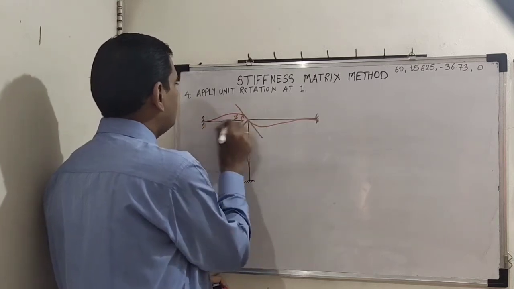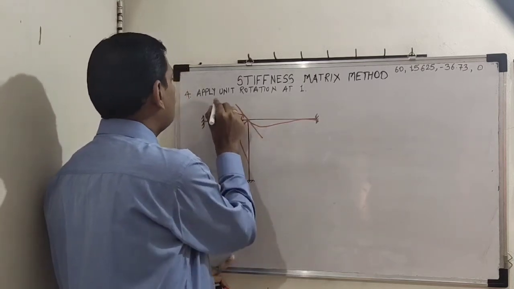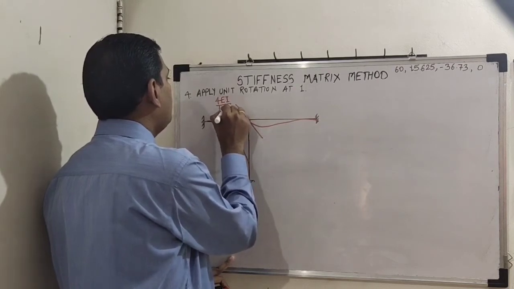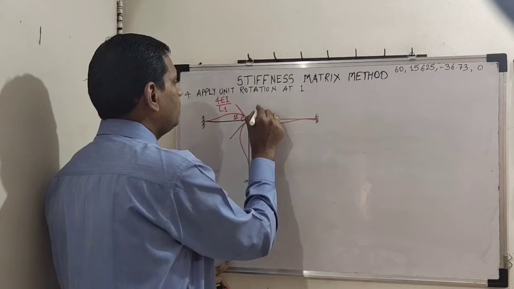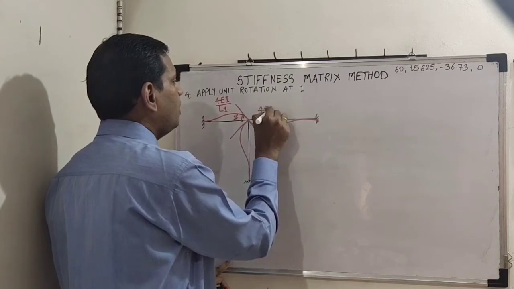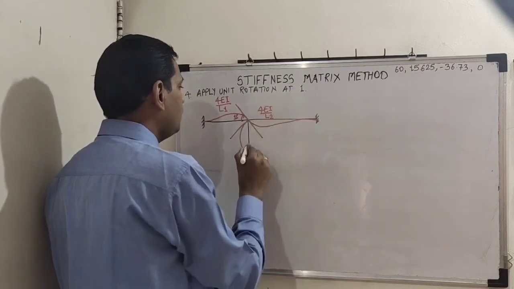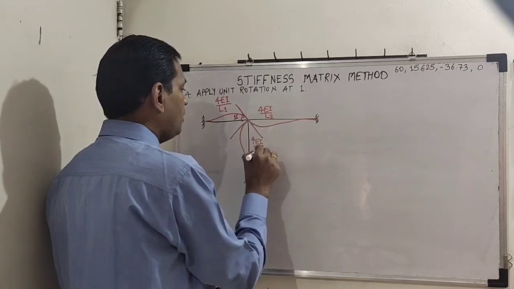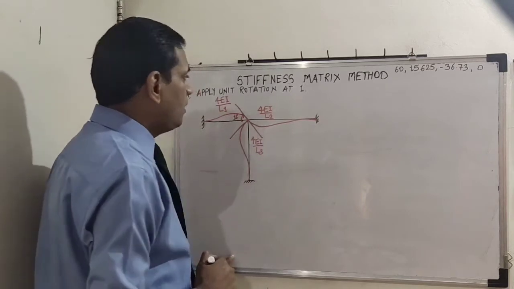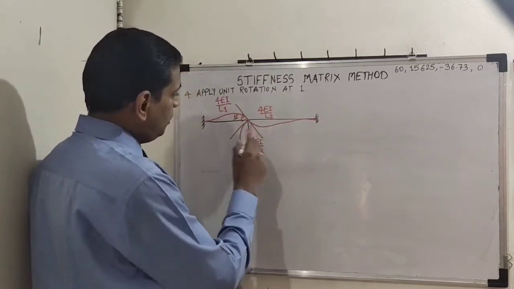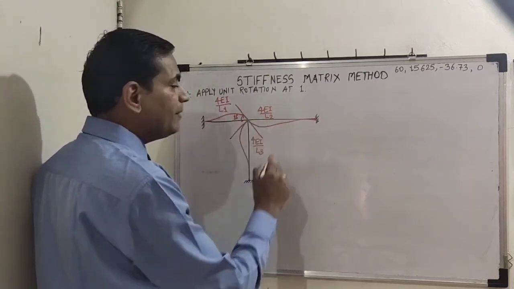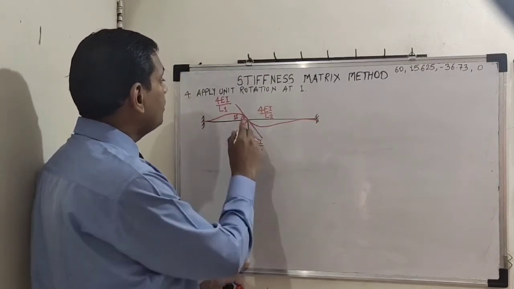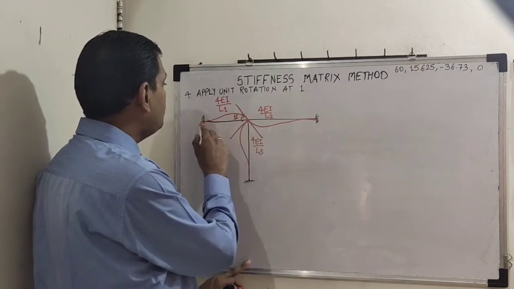So here for this I will assume L1. So 4EI upon L1. This one 4EI upon L2, and this value is 4EI upon L3. So again these three members become separately the cases of propped cantilever. This is propped cantilever end, this is fixed.